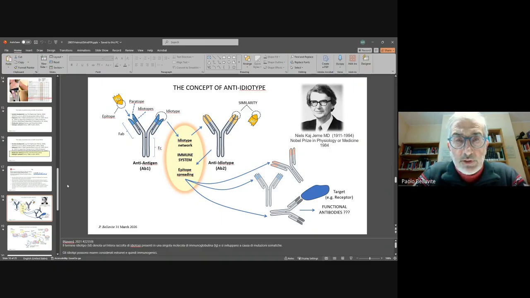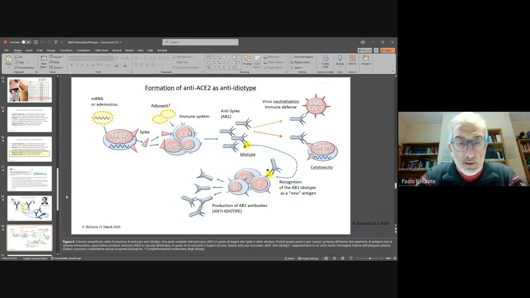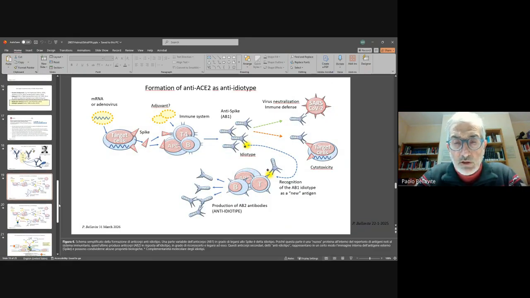This phenomenon is called epitope spreading. Some antibodies emerging from the idiotype network and epitope spreading can have functional effects on their target proteins or receptors. The next one, please. So this figure summarizes the formation of anti-idiotypes in COVID vaccination.